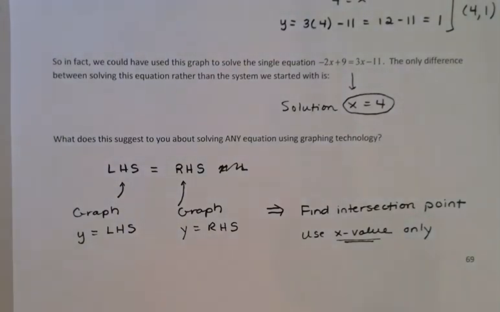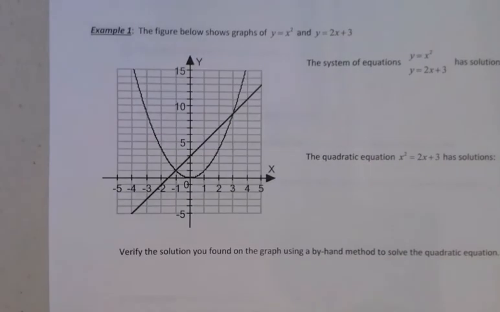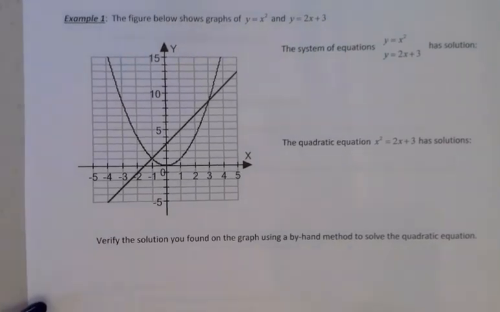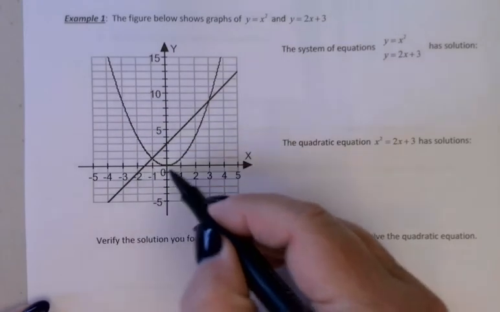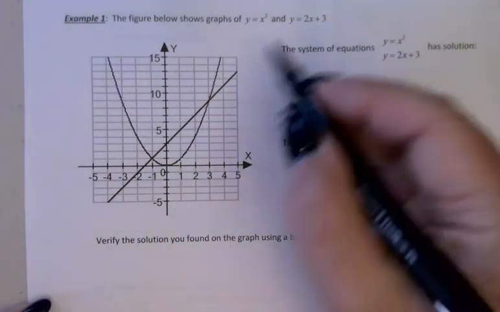All right, let's take a look at how this would work in a couple of examples. In example 1, we've got two graphs in the picture. y equals x squared, of course, is our parabola, and y equals 2x plus 3 is our line.